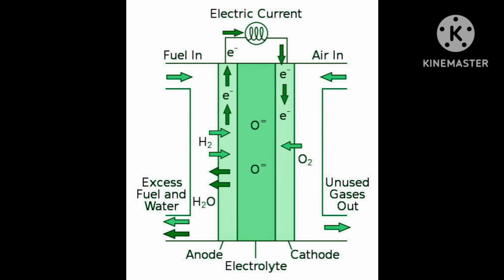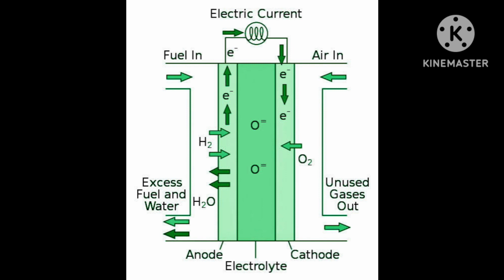Okay, then this is what happens in a fuel cell. You know that fuel cell actually is just like a galvanic cell only. Okay, then now here I told you that in such type of cells reactants are fed continuously to the electrodes, and products are removed continuously from the electrolyte component.